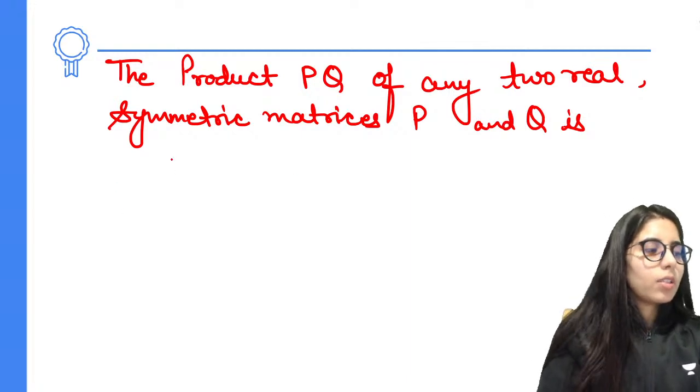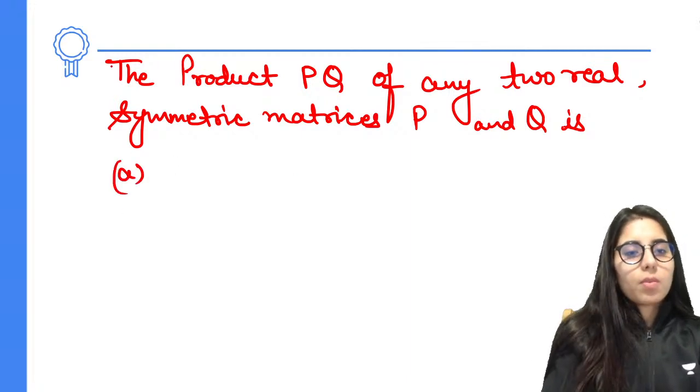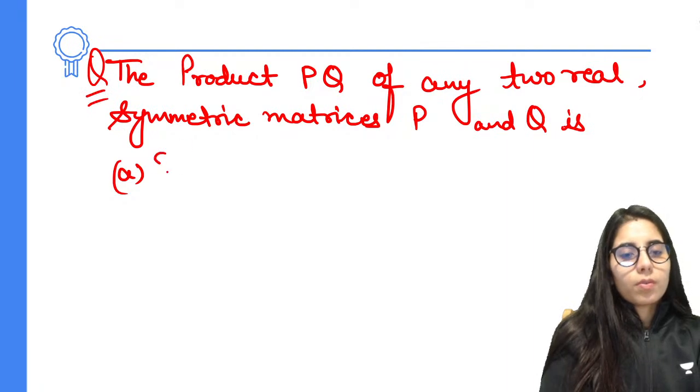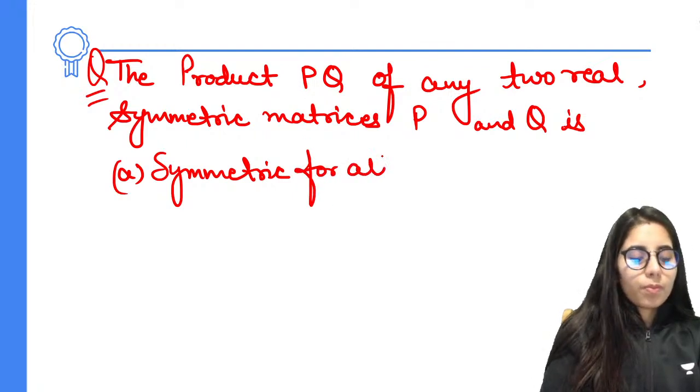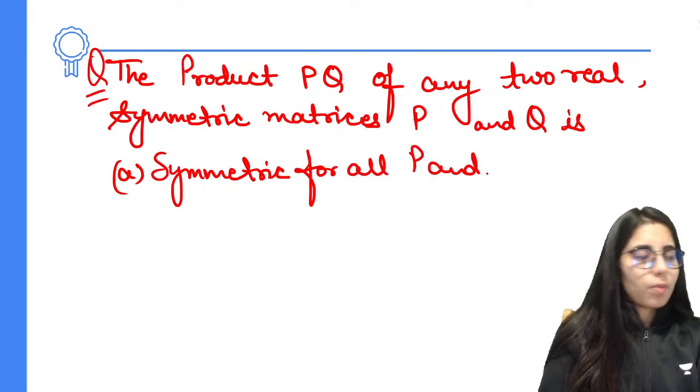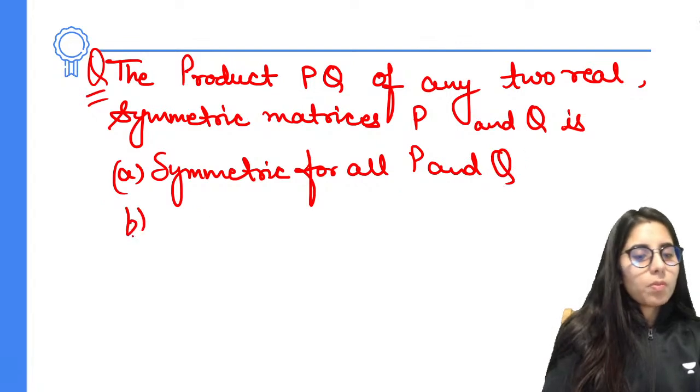Options are: A, symmetric, it will be symmetric for all P and Q. Option B is never symmetric.